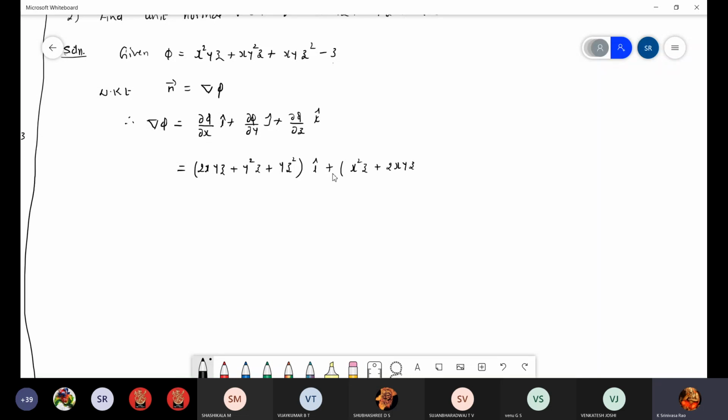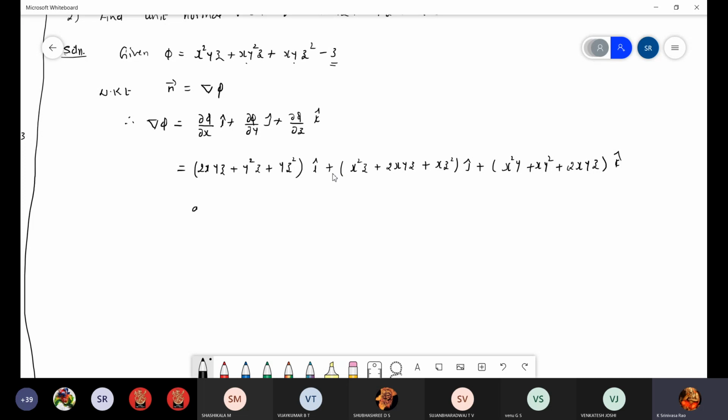Y square differentiation is 2y, and y differentiation is 1. And this is 0, always 0, into j cap. Plus with respect to z, x square y plus xy square plus 2xyz, because z square differentiation is 2z, into k cap.